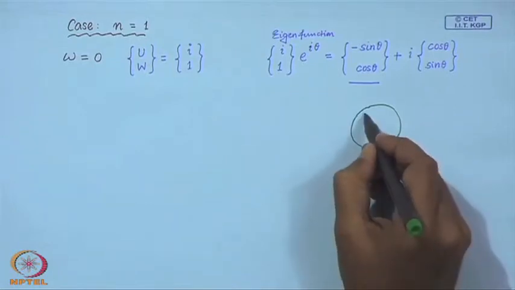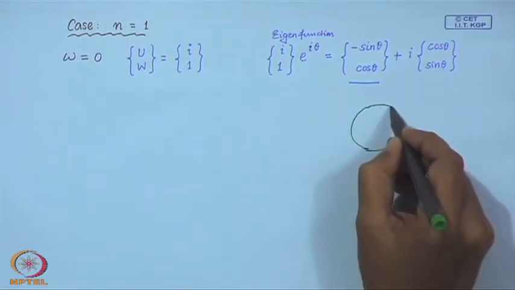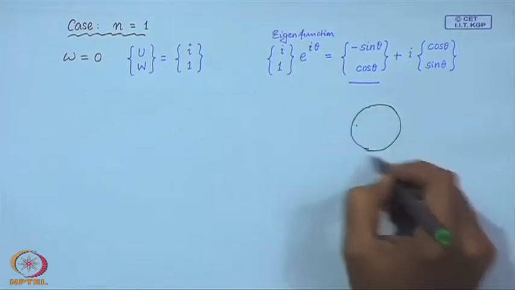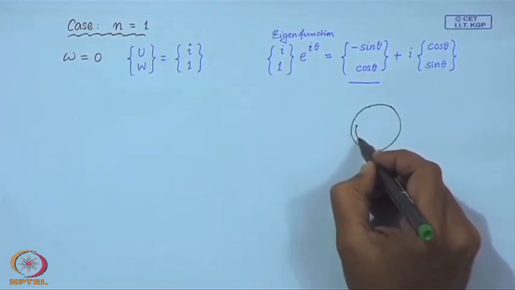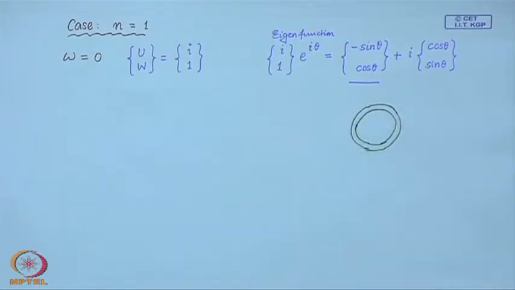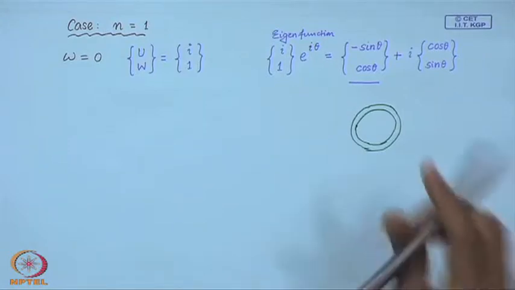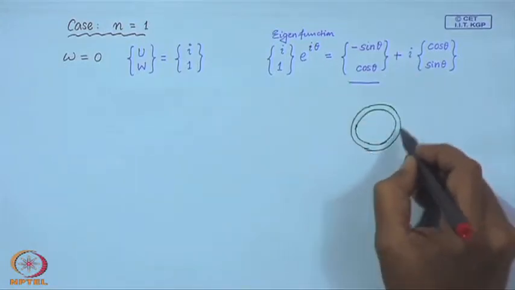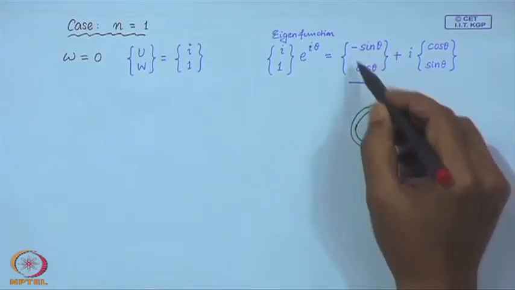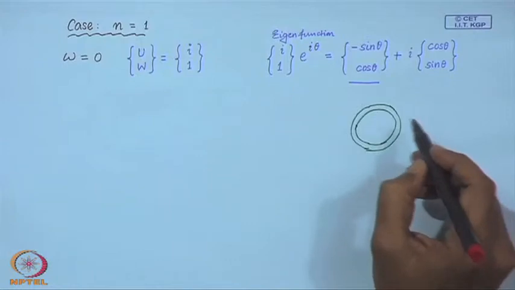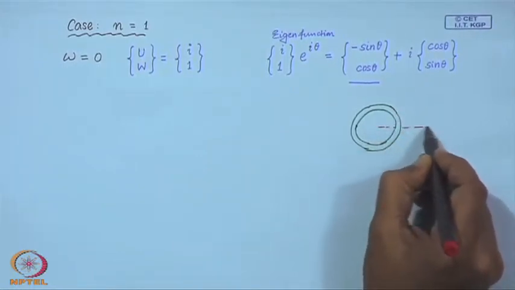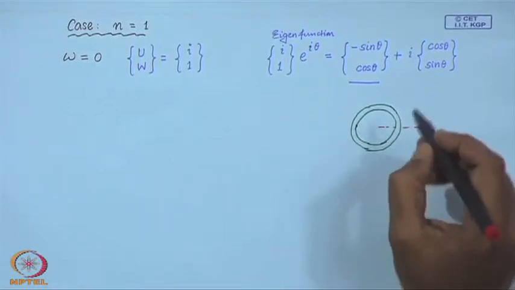So, this is the ring. Now, this is the deflection of the center, the neutral fiber. Now, sin theta with a negative. So, this implies that this is theta equal to 0, this is the datum.